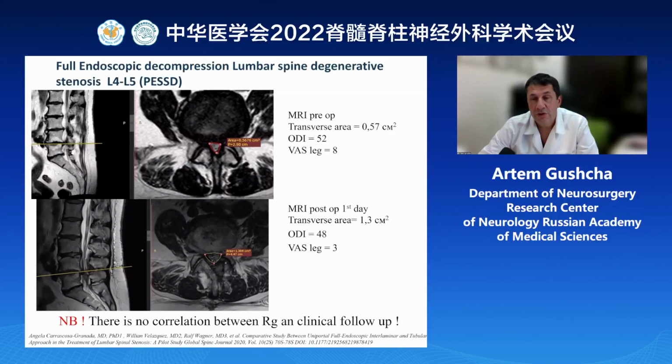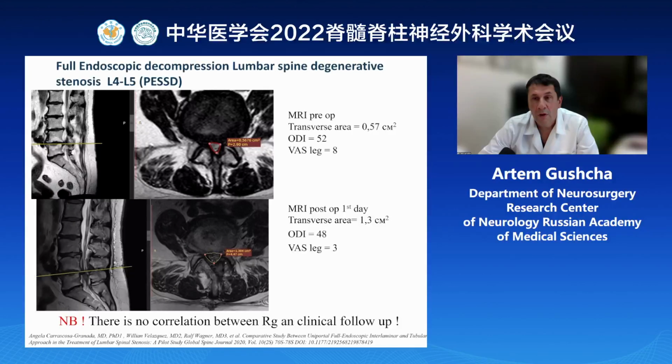The critical area for spinal stenosis is about 1 square centimeter, but we can reach the level of 1.3 square centimeters and more. So it's nearly double the transverse cross-sectional area of the spinal canal.